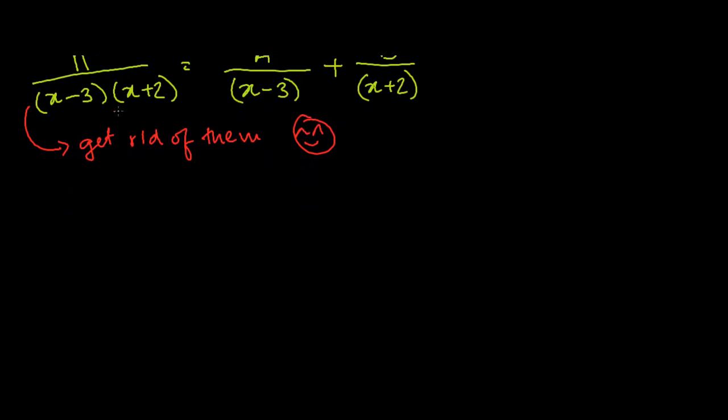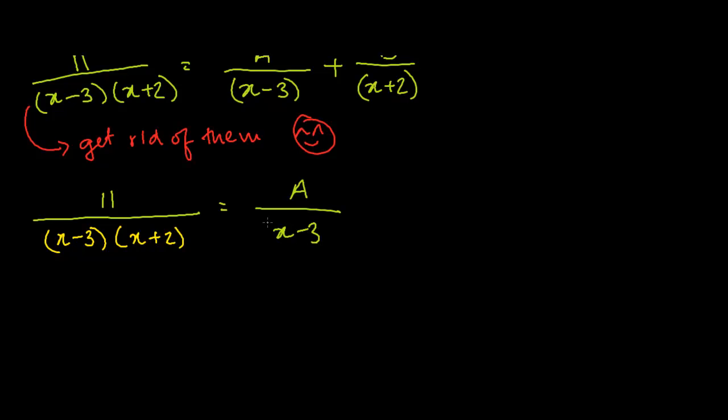Well, we simply multiply both sides by the denominators. 11 over, let me do this in a different color, x minus 3, x plus 2 is equal to a over x minus 3 plus b over x plus 2.